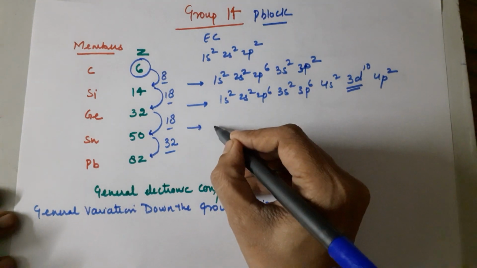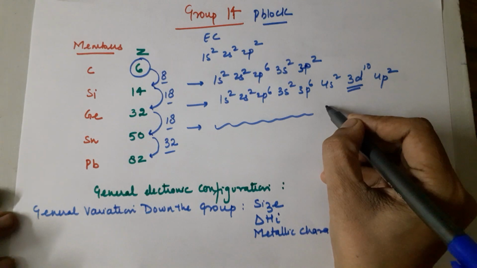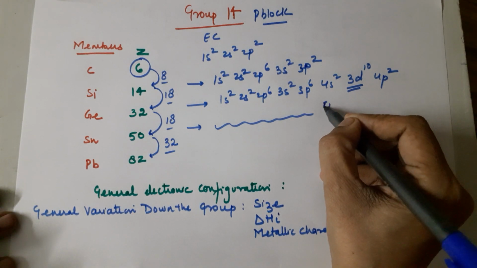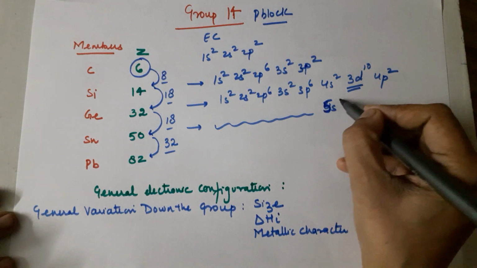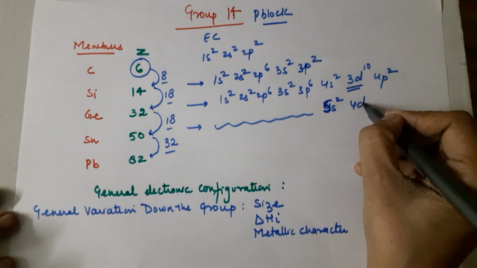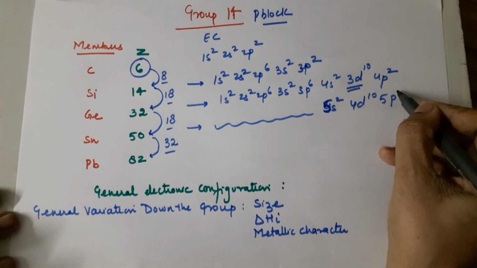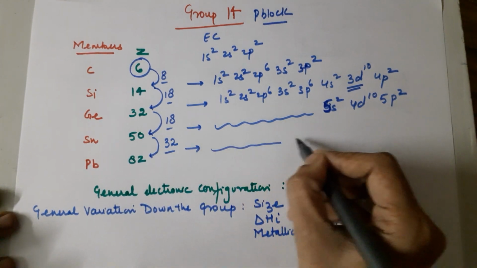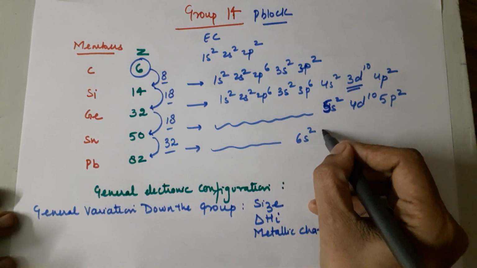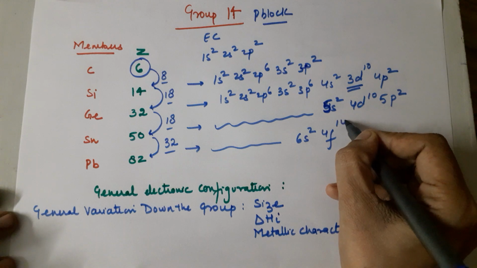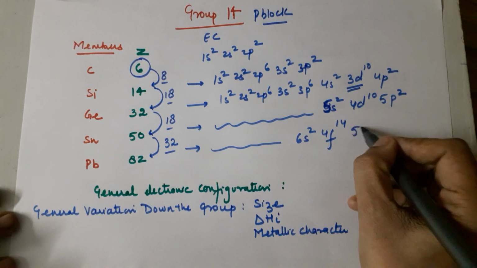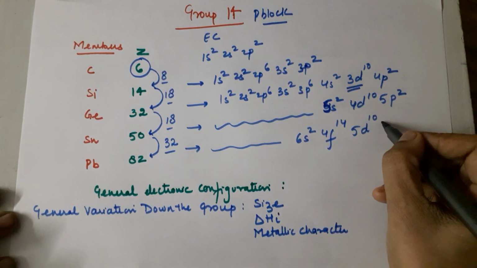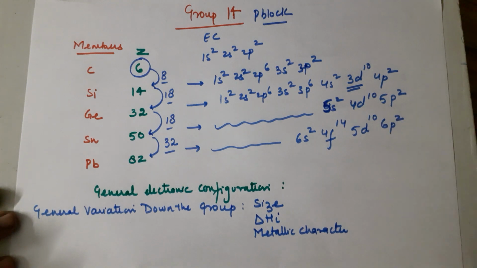Similarly, when we talk about tin, the configuration of the outermost shell would be 5s2, 4d10 and a 5p2. Moving on to the last member, lead, the configuration would be a 6s2. Now you have a 4f14, then a 5d10 followed by a 6p2.